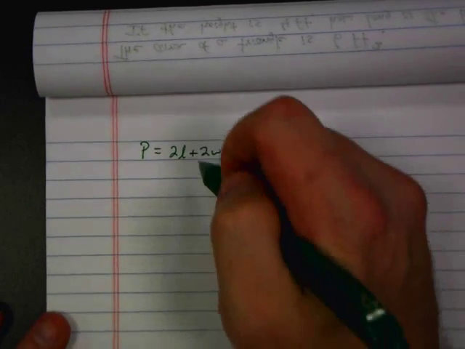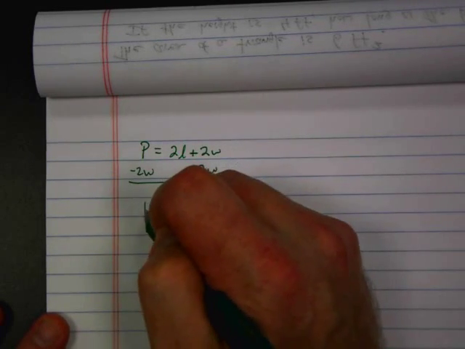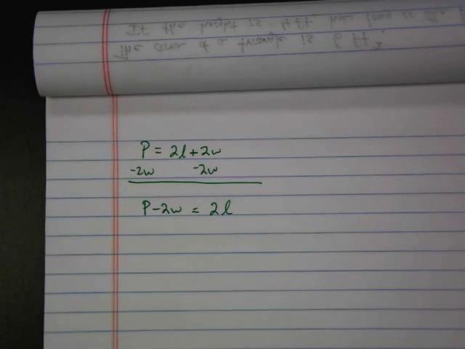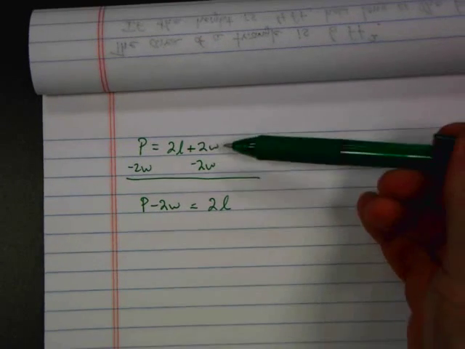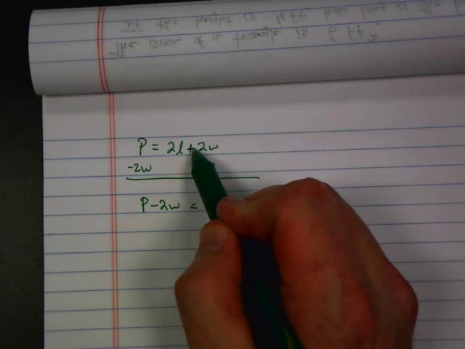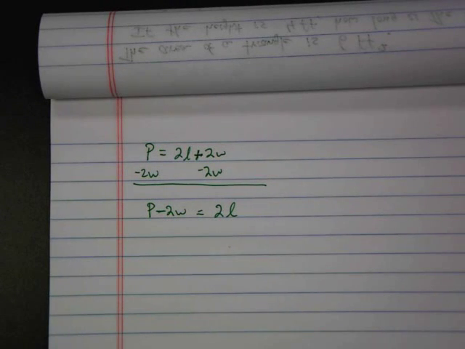You could do the minus 2W on both sides. But in a sense, it doesn't really help, because we're trying to get the W all by itself. We had W connected with an addition. Now we have the W connected with a subtraction. It really didn't gain us anything. It's not wrong. It just doesn't really help.